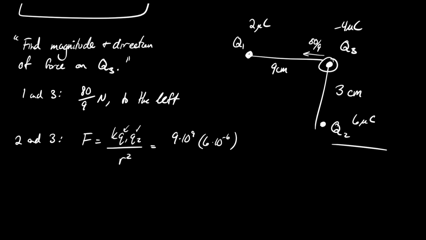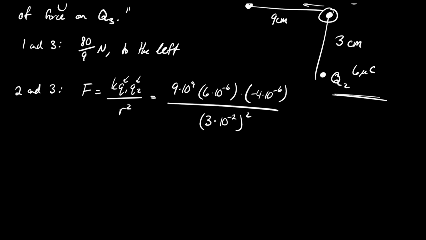Again, Q1 and Q2 aren't charge 1 and charge 2, they're the two objects that you're calculating the force between. So Q1, I'm using this guy, so 6 microcoulombs, and Q2, I'll use the other guy involved in the pull, so Q3, divided by the distance squared, and again, the distance is in centimeters, so we need to convert it.